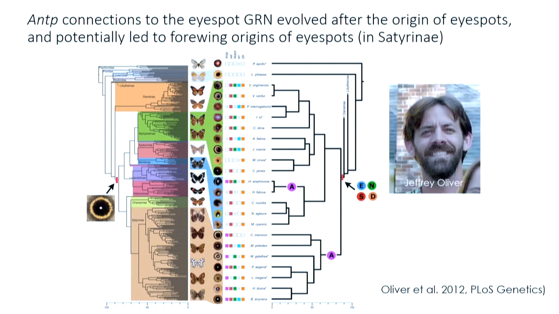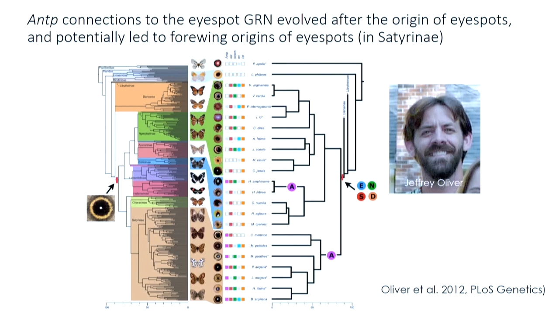So we think that when antennapedia got recruited independently, in this lineage, the Biblidinae, and here in the Satyrini, this was one of the instances in evolution when we were able to finally get eye spots colonizing the front wing, when before they originated solely restricted to the hindwing.